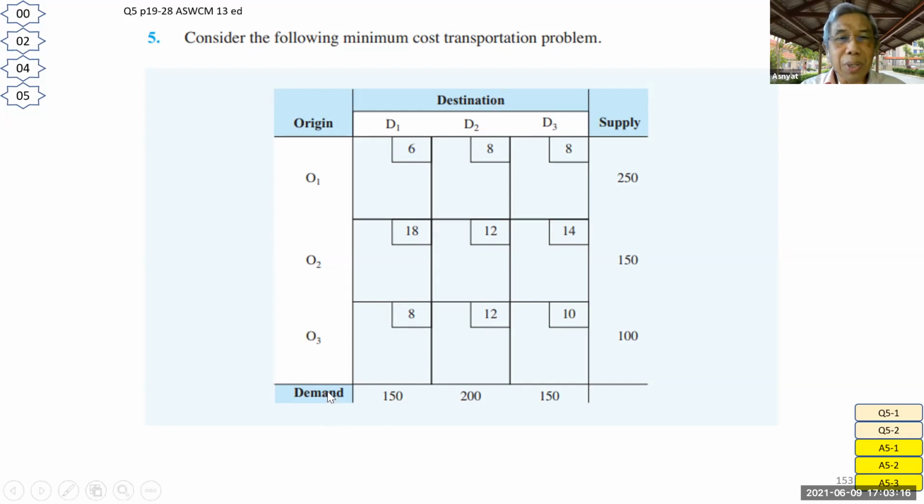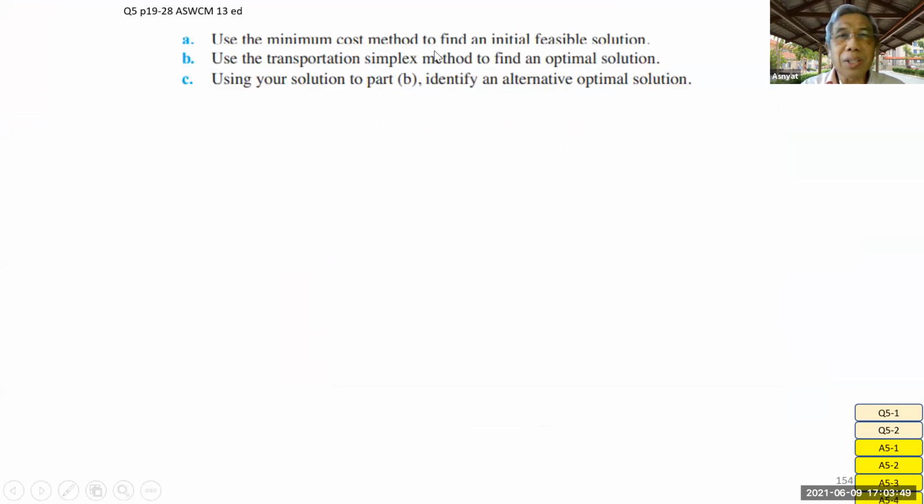The demand from destination 1 is 150, destination 2 is 200, destination 3 is 150, and the supply from origin 1 is 250, origin 2 is 150, origin 3 is 100. This is the cost per unit to transport along each route. Now the question is, use minimum cost method to find an initial feasible solution.